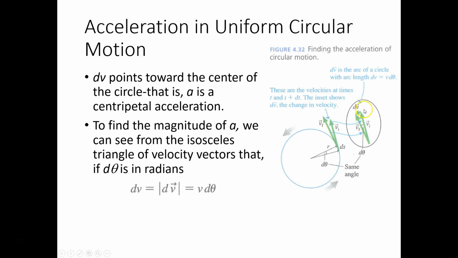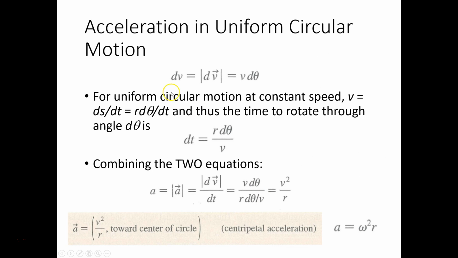We're looking at the change in velocity, so that's dv, is equal to the velocity times d theta, the angle itself. If I say for uniform circular motion at constant speed, the velocity is equal to the arc length divided by time. That's the radius times the change in the angle divided by the change in time. And so to rotate through one angle, I have this equation. If I combine the two equations, my acceleration in a circle is equal to v squared over r.